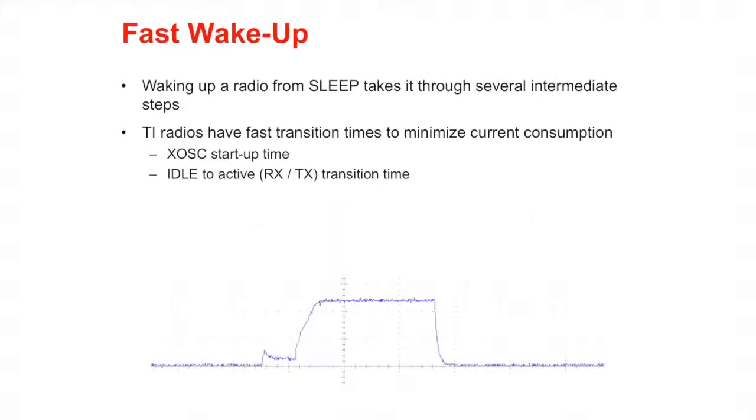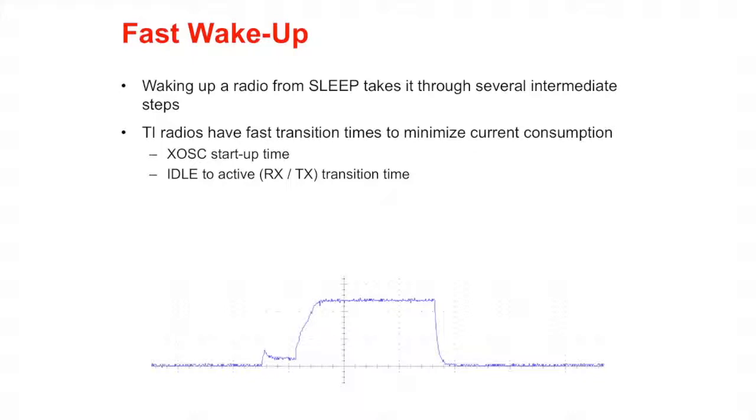Most wireless applications are battery powered, and to minimize the current consumption, the radio should be in sleep for as long as possible. Fast wake-up times are therefore crucial when designing an ultra-low power wireless application.